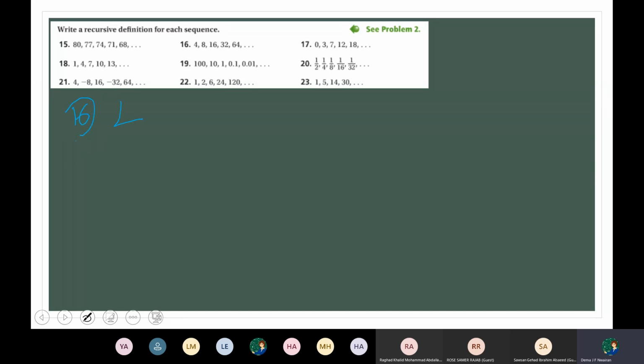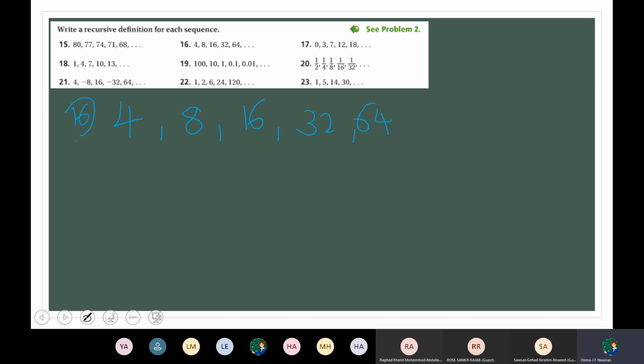In 16, we have 4, 8, 16, 32, 64. Now, to find any recursive formula, first thing, try the difference. If it's not, try the ratio.